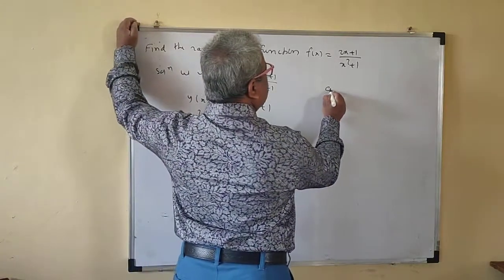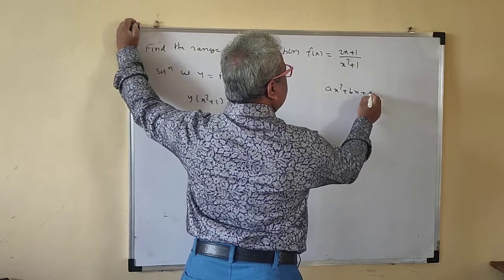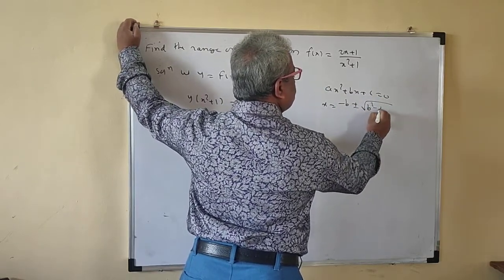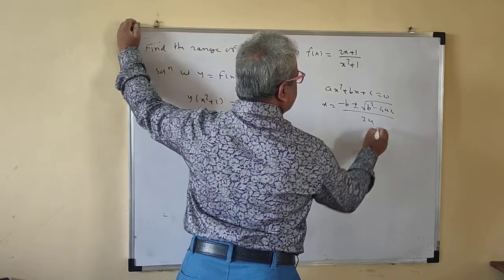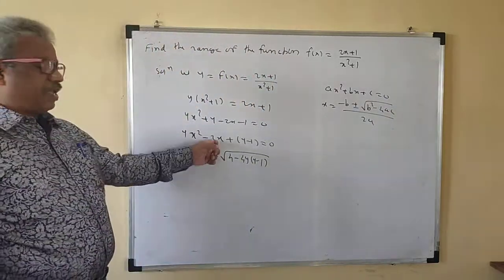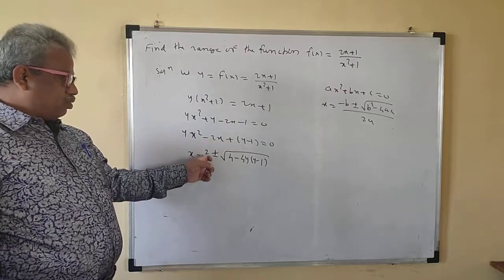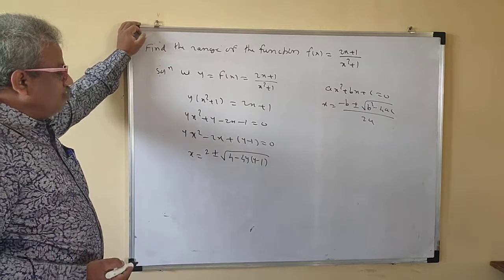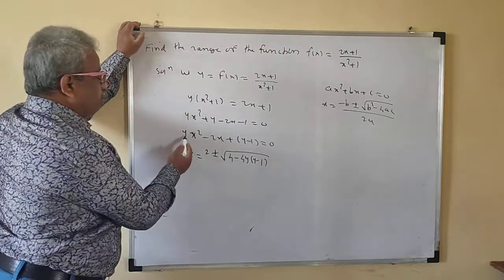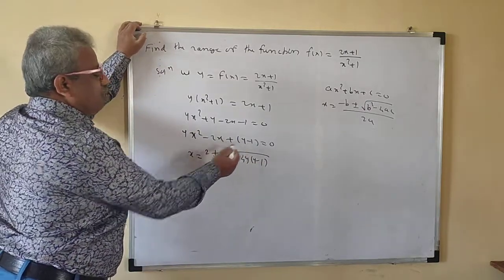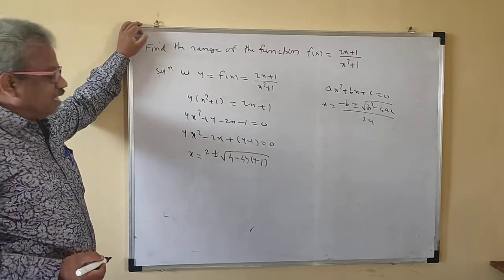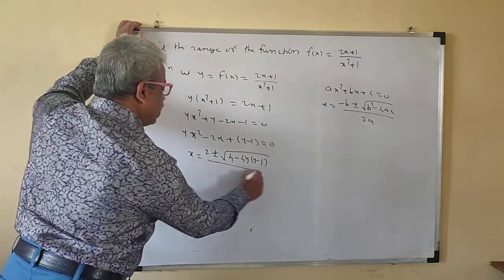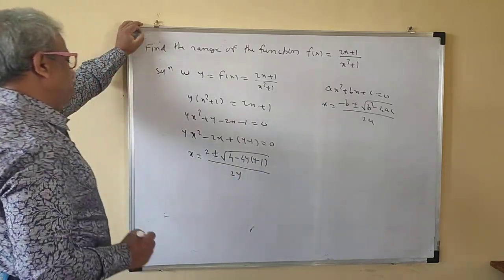You know that for a quadratic equation the roots are minus b plus or minus root of b square minus 4ac upon twice a. What is b? The coefficient of x is minus 2 here, so minus b is 2. Then b square is 2 square, 4, minus 4. Your a is the coefficient of x square, which is y, and the constant, the term that does not contain x, is minus 1. Upon twice a, so upon twice y.